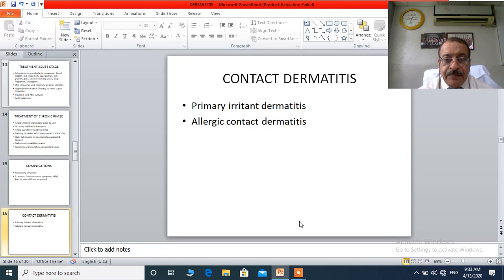The next common type of dermatitis is the contact dermatitis. Contact dermatitis is of two types: primary irritant dermatitis and allergic contact dermatitis.